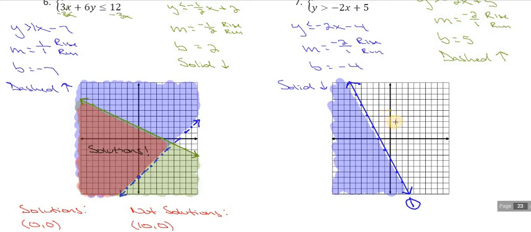So down 2, right 1, down 2, right 1. And up 2, left 1 also works. All right, so I've got to draw my dashed line through these points.